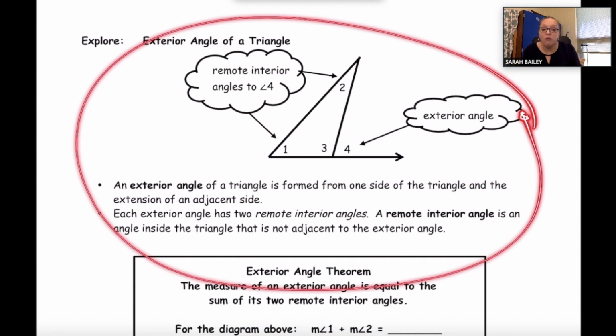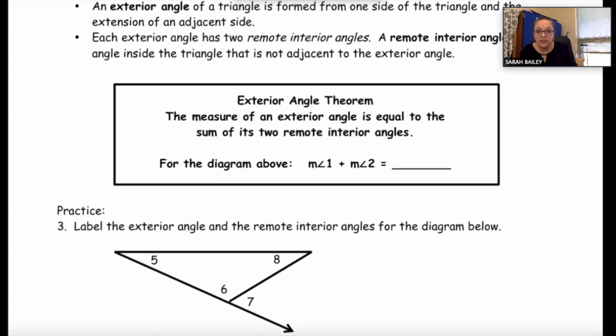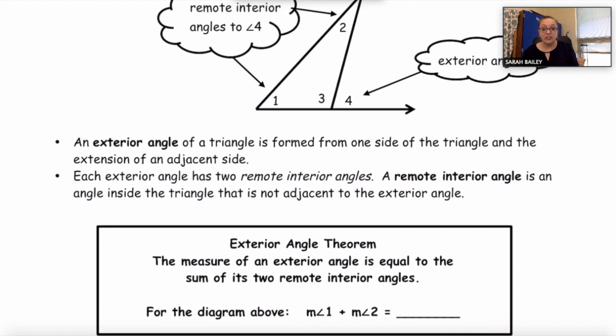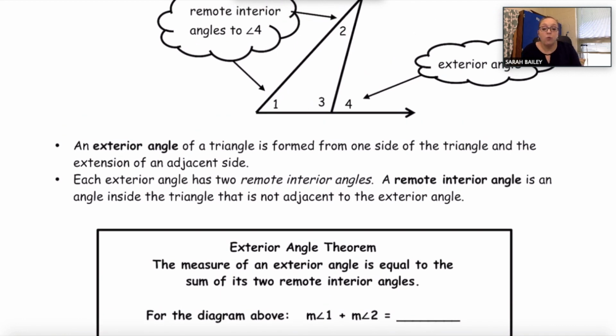Okay, now that you've read over this information, we can come to this box where it says exterior angle theorem. It says the measure of an exterior angle is equal to the sum of its two remote interior angles. So if we look at the diagram up above, the measurement of angle 1 plus the measurement of angle 2 is going to equal the measurement of angle 4.